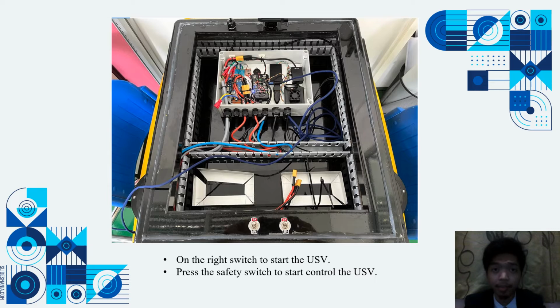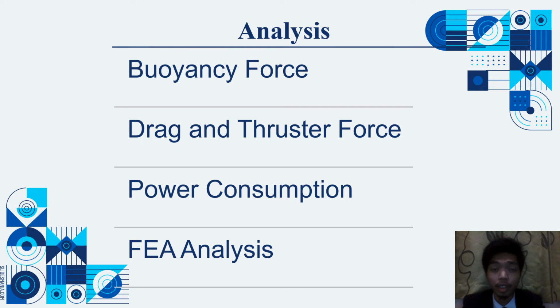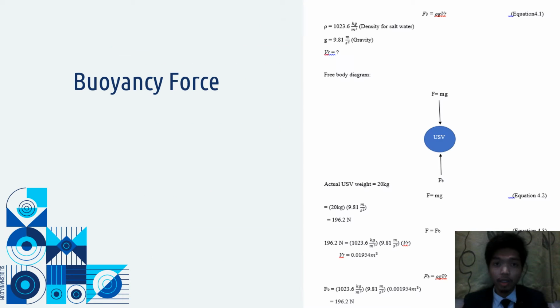The last part for the result will be analysis. There are 4 analyses that I've done on the unmanned surface vehicle, which are buoyancy force, drag and thruster force, power consumption, and FEA analysis. The result that I've obtained from buoyancy force analysis is that the force acting on the vehicle and the buoyancy force are equal.